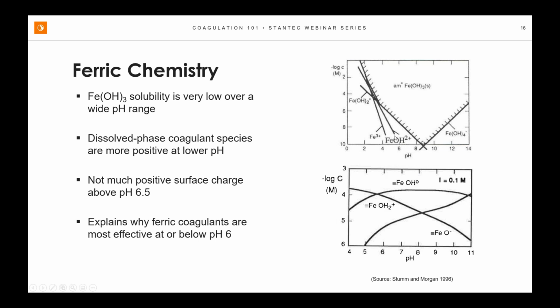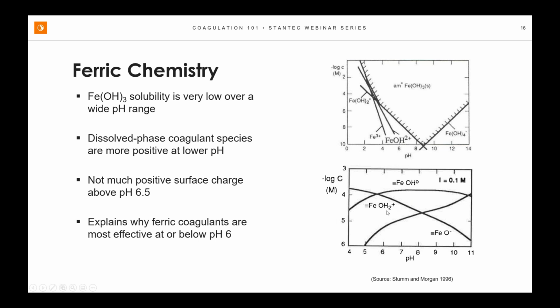The other thing, though, is that the positive species, the really strong positive species like the Fe3+, exist at a much lower pH than alum did. Now this graph, the bottom one, shows the surface charge of iron hydroxide particles, and a neutral floc charge kind of dominates through most of the range.